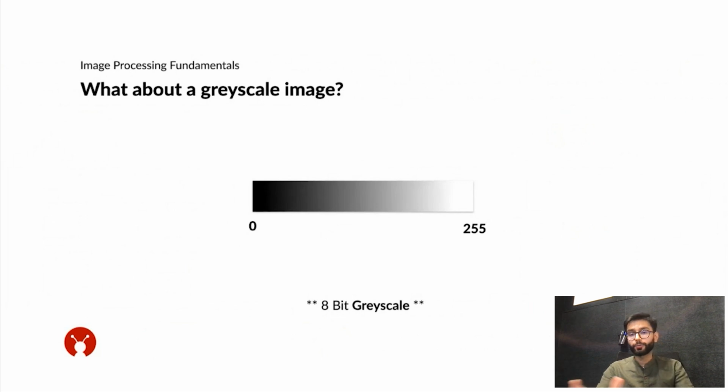So instead of using two colors, we shifted towards the 8-bit grayscale. Here we have 256 total values, from 0 to 255. 0 represents black, and as we approach 255, the white intensity increases.